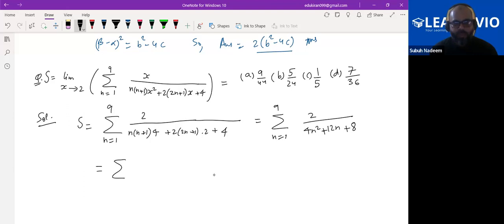So this would be equal to sigma n equal to 1 to 9 of 1 upon 2n square plus 3n plus 2, taking 2 common. You can write it like this.